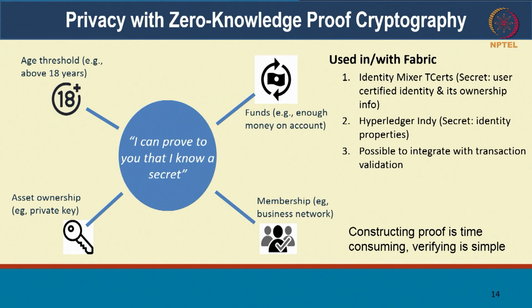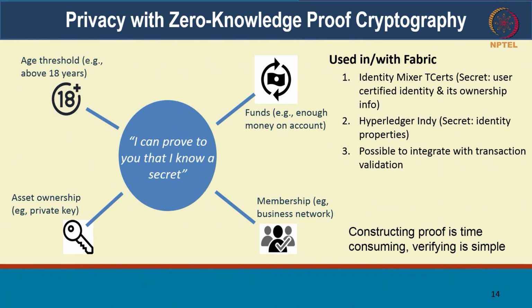And let me give you a few examples, right? Identity Mixer with the transaction certificates actually uses zero knowledge proofs, where the user can prove to you that this T-cert was in fact generated from a particular E-cert without revealing that E-cert to you, right? So that's in the identity space. Likewise, Hyperledger Indy, which also focuses on identity, can prove to you certain claims about your identity.